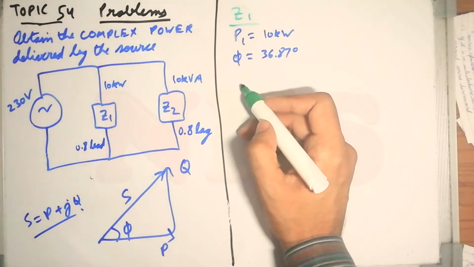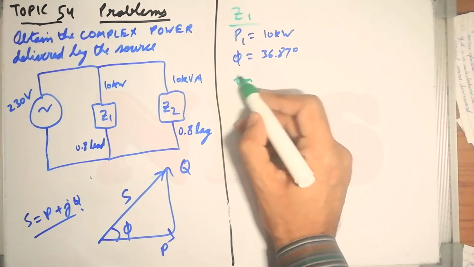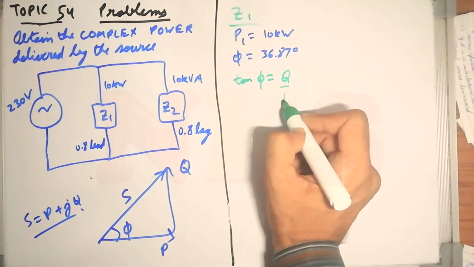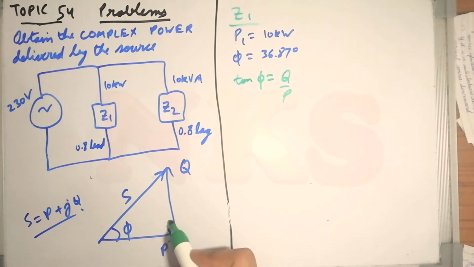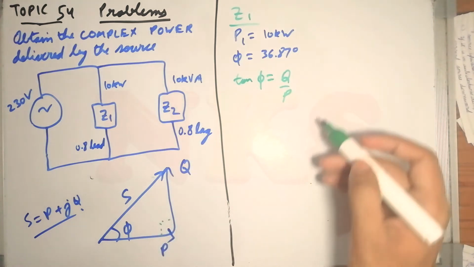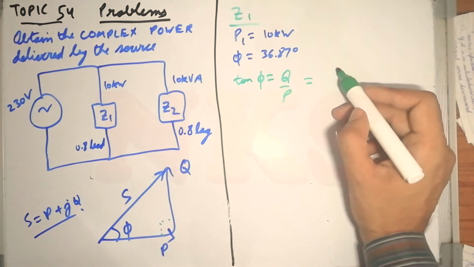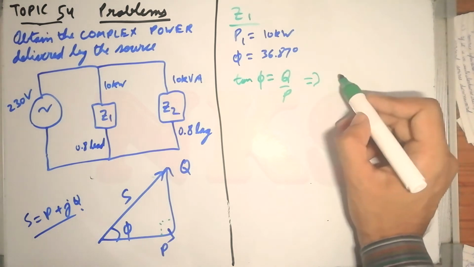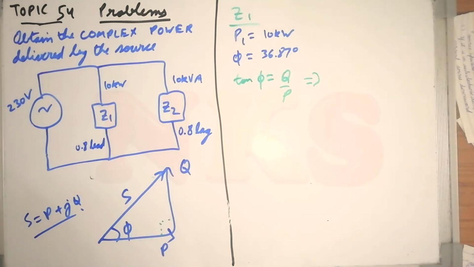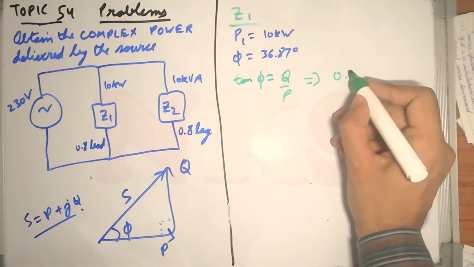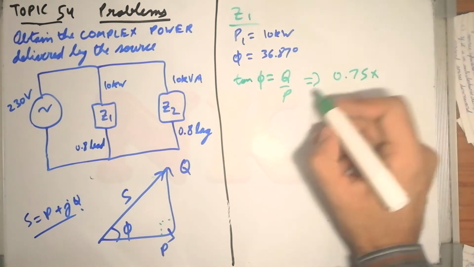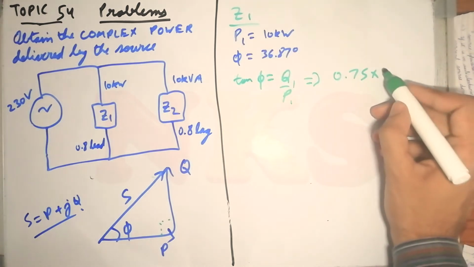What will be the expression for Q? That is tan phi is equal to Q by P. We can write it from this, because this is a right angle triangle. So tan phi is equal to Q by P. Tan 36.87 will come out to be 0.75, into P1. P1 is 10 kilowatt.